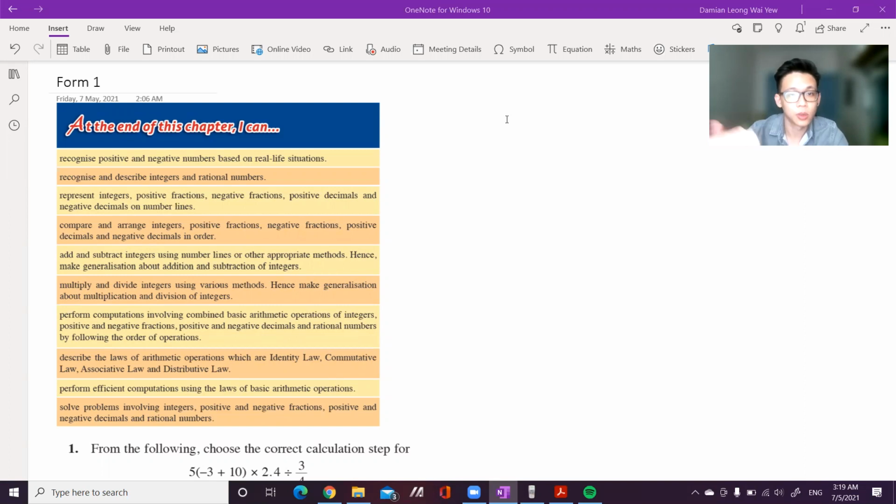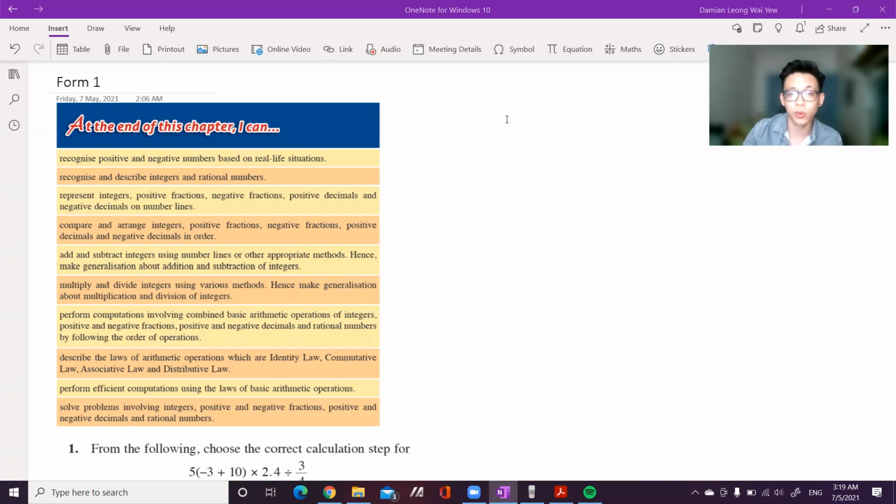Another thing is we need to recognize and describe integers and rational numbers. Basically, you need to know what an integer is. Integers are whole numbers, but they can be 0 and they can be negative numbers as well. It can be positive, negative, or 0. 0 is neither positive nor negative.